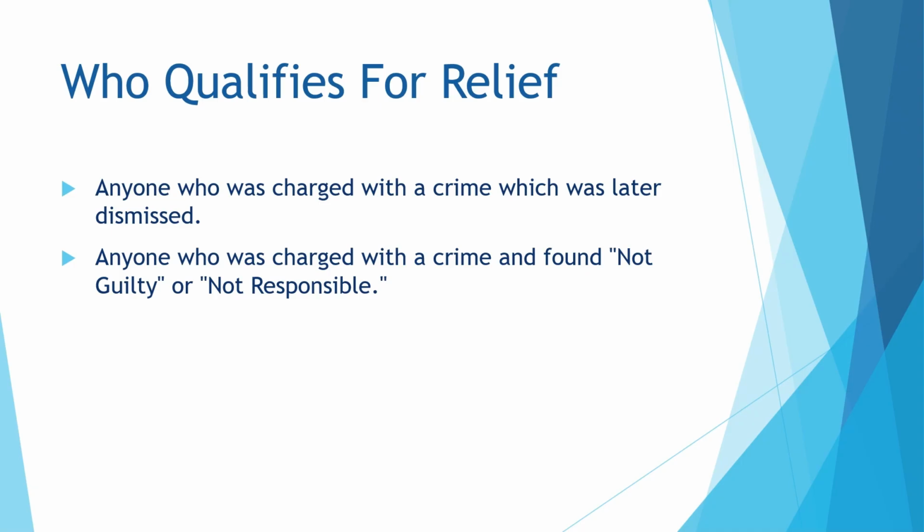The other type of person who can qualify is anyone who was charged with the crime and was found not guilty or not responsible. So this probably means that you were charged with a crime, you had a trial, and a judge or a jury said you didn't do it, or you weren't responsible. And in those cases, you'll probably have a much lengthier court record, but because you were found not guilty, you were not convicted, you are able to use this kind of relief we're talking about, this expunction of a dismissed charge under North Carolina 15A-146.